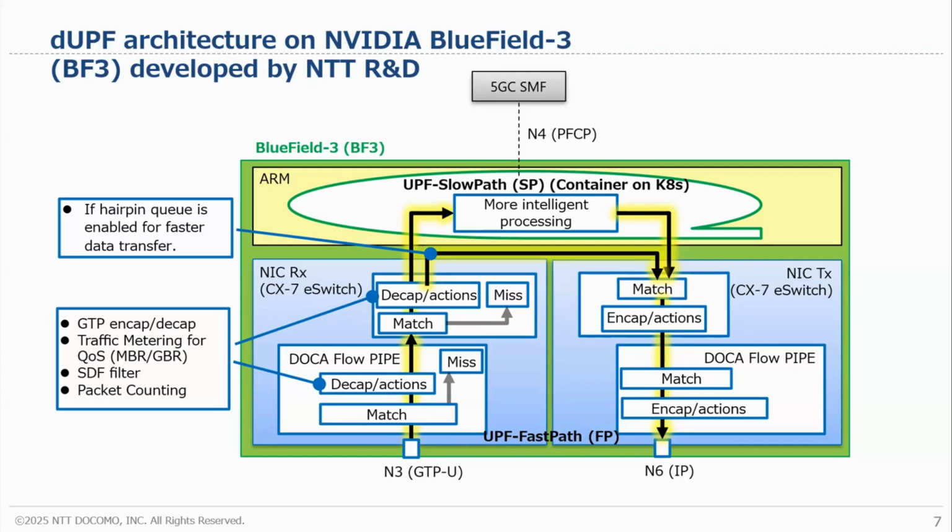And our new UPF can be combined with some value-added functions needed in telecom networks, such as IPsec. Both the UPF slow path and more intelligent processing can be launched not only on the ARM cores within the DPU, but also on the host side CPU cores. We aim to enable the selection of the optimal configuration based on demand and requirements.